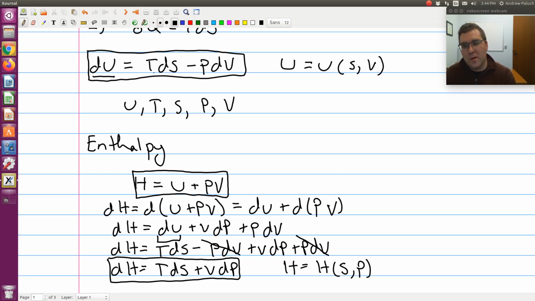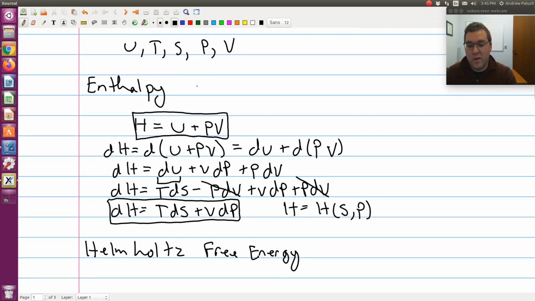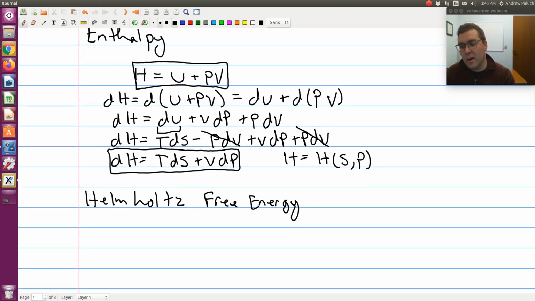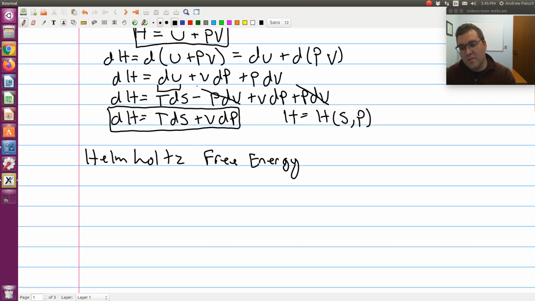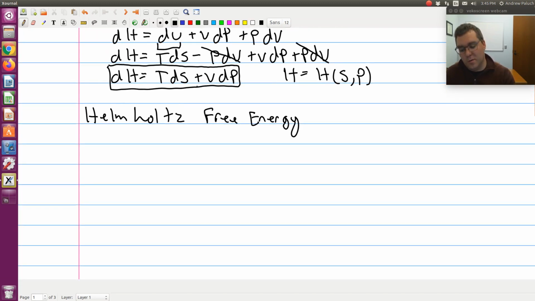For Helmholtz free energy, I'm going to look at my first conjugate pair, T and S, and switch the role of T and S. So I want T and V as my natural independent variables in my expression for Helmholtz free energy. So I'm going to define this new quantity. Typical notation for Helmholtz free energy is A, although in physics textbooks I've often seen F as well.